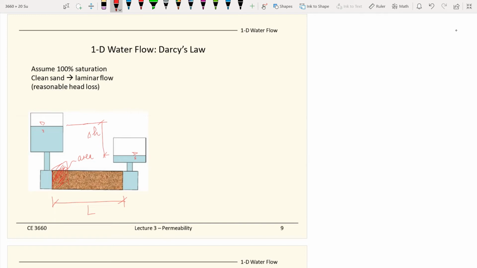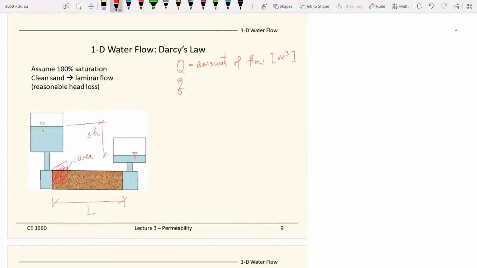So if we talk about Darcy's Law, first of all, we need to be clear about the terminology. We use the capital Q to describe the amount of water flow, and this is in the unit of volume.